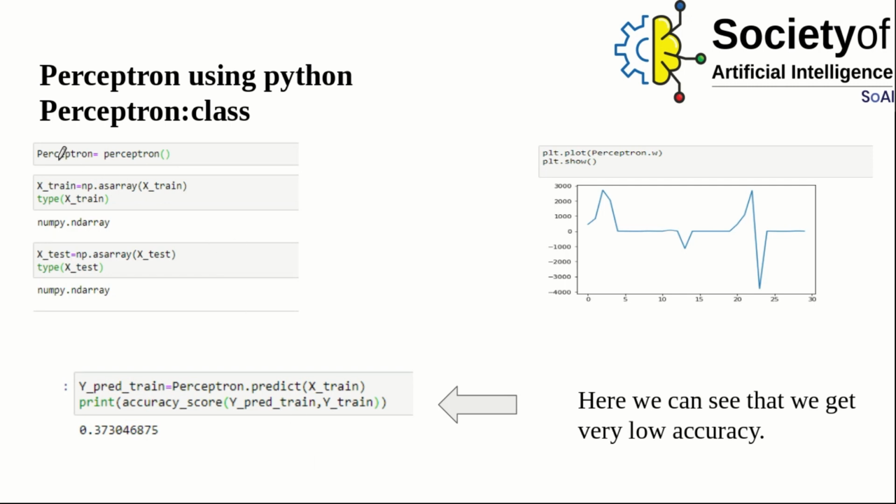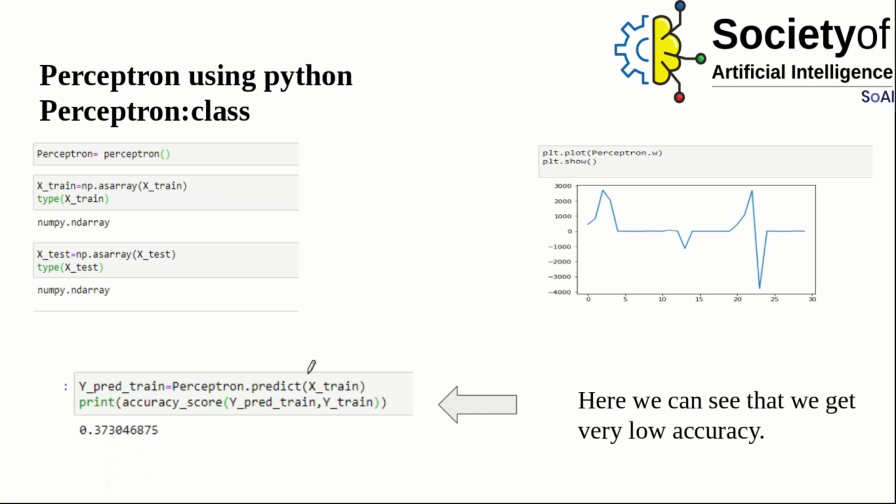Then we will be initializing this class with this function. Then we will assign the values to the numpy array xtrain, and when we print the type of it, it will return a numpy array. Similarly, we will also instantiate the xtest values in a numpy array.